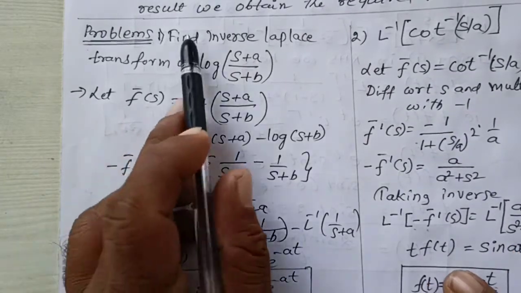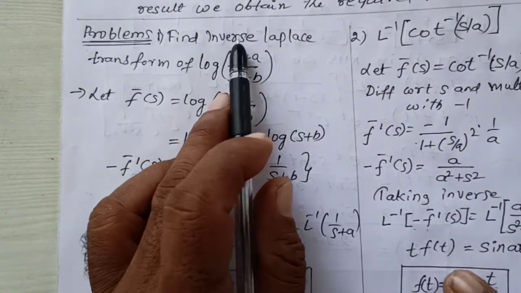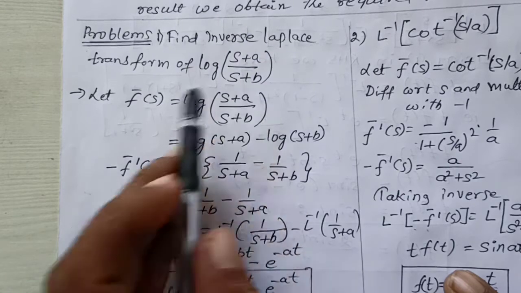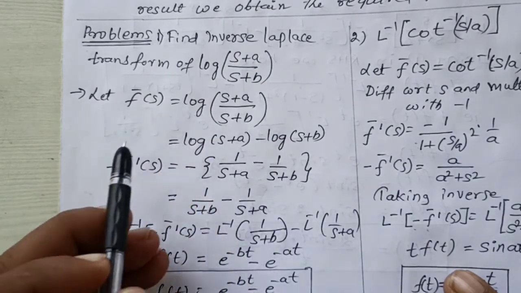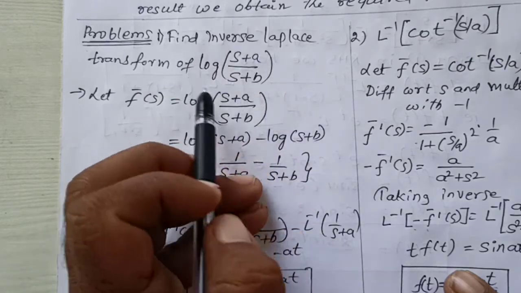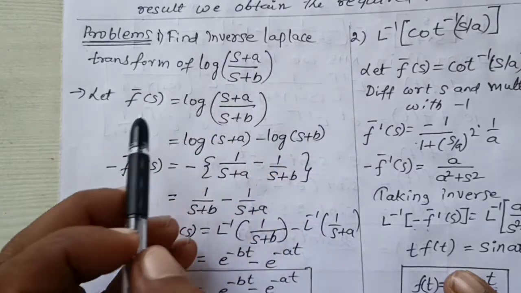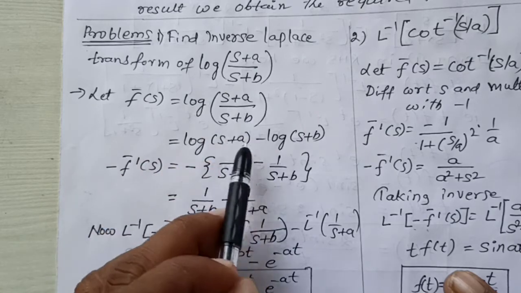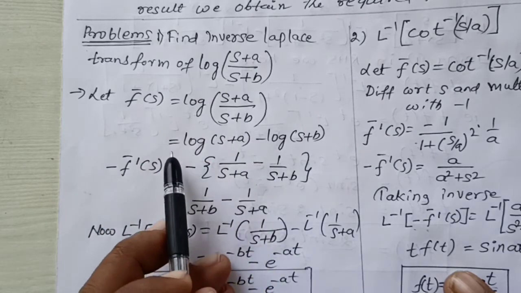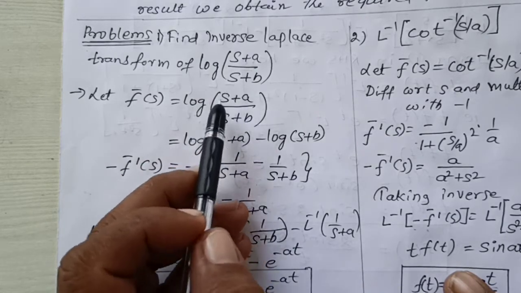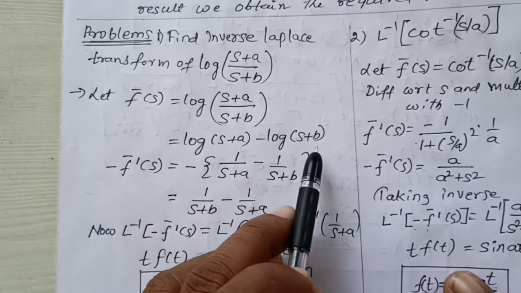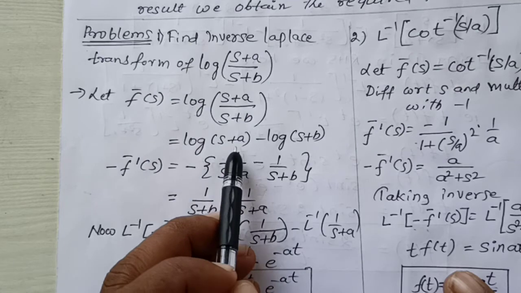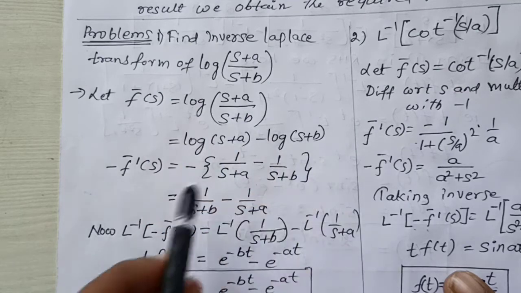A simple problem we will see. Find the inverse Laplace transform of log of s plus a divided by s plus b. How to solve this? In every question, this is f bar s, the logarithm part. So f bar s is equal to log of s plus a divided by s plus b. This is, as I told, like log of x by y equals log x minus log y, so log of s plus a minus log of s plus b.